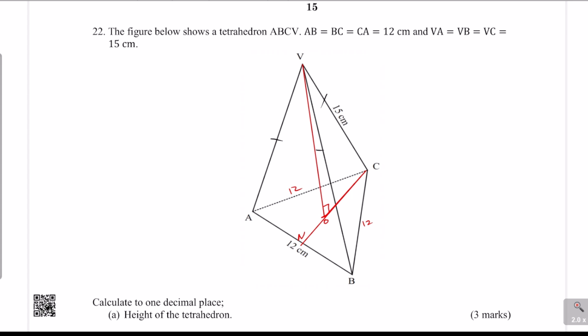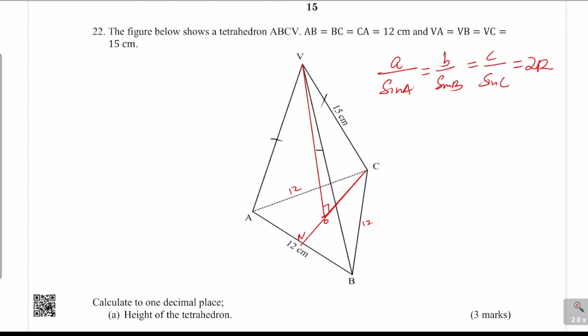So we need to use some other concept here to get CO, and you're going to use the sine rule. Remember the sine rule: a over sine A equals b over sine B equals c over sine C equals 2R, where R is the radius.